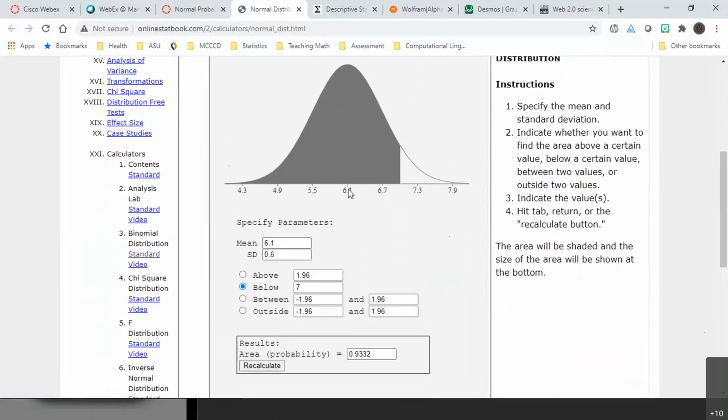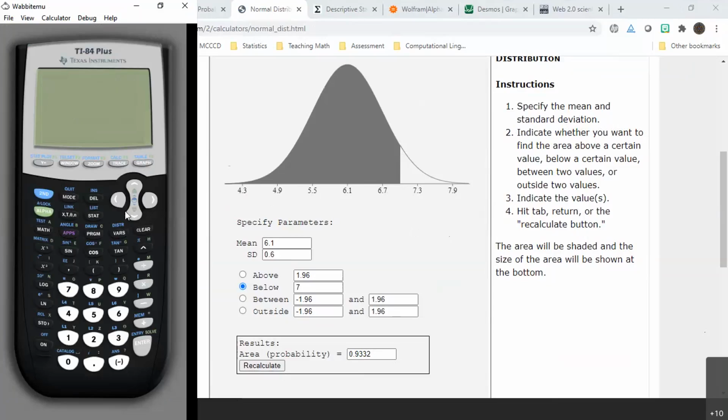So you can see, oh yeah, here's the mean. Okay, and this is from slightly more than 1 standard deviation above all the way over. So I'd expect this to be a pretty large number. Okay, here's the probability down here, 0.9332.